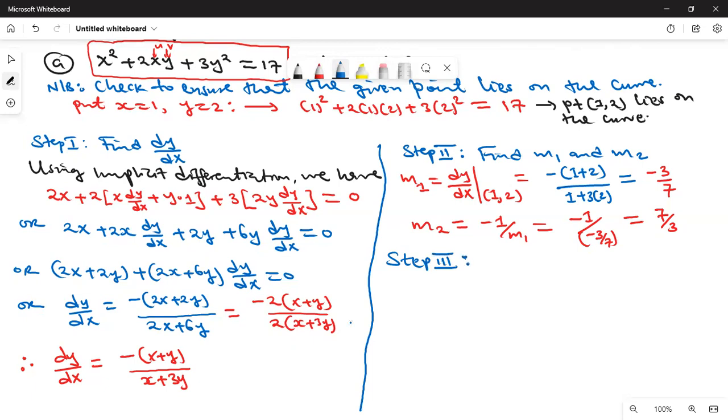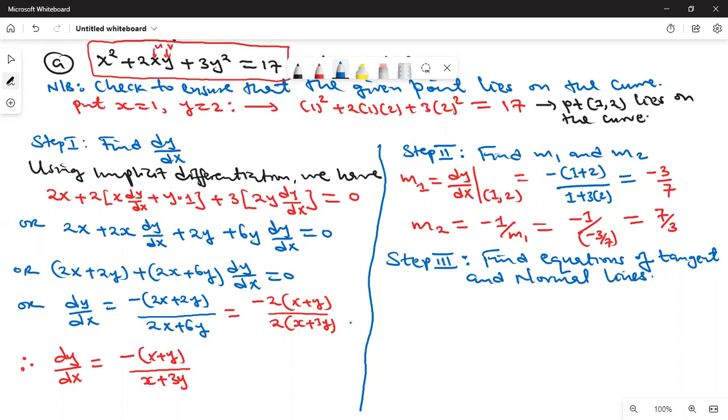Find equations of tangent and normal lines.